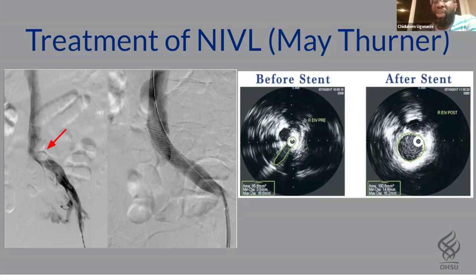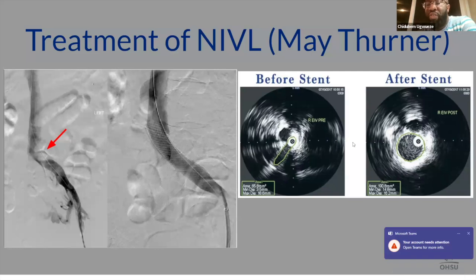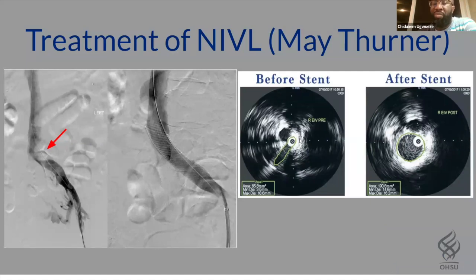If someone is volume down, then you can easily, at least with pictures on venogram or on CT, determine that they have May-Thurner syndrome. So it's very important to do IVUS to actually measure the volume of the IVC at the narrowing and make sure that it's greater than 50% asymptomatic.